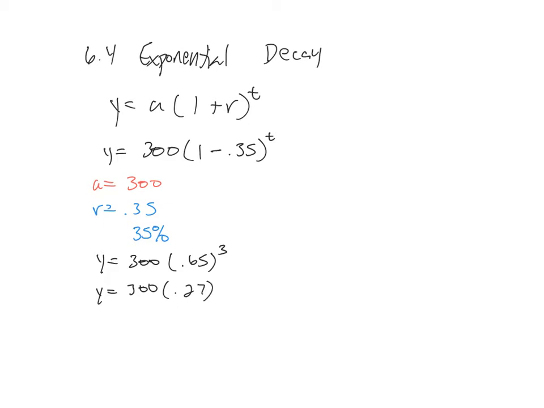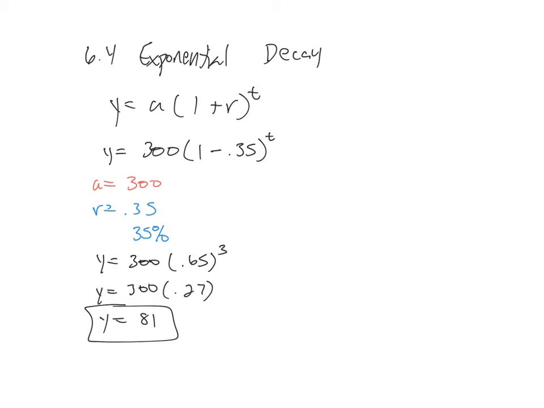You can round it off. It was 0.274, so 0.27. 0.27 times 300, and we actually get 81. Okay, so there's not anything different other than minus instead of plus.